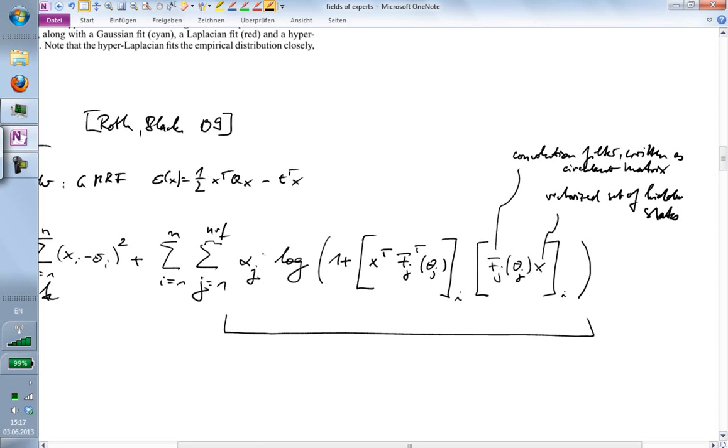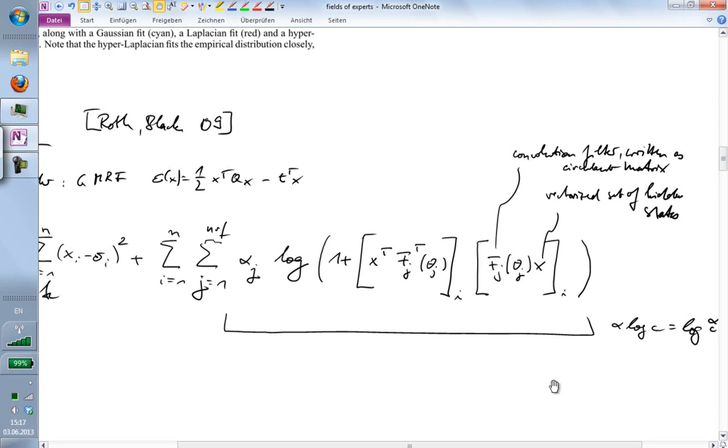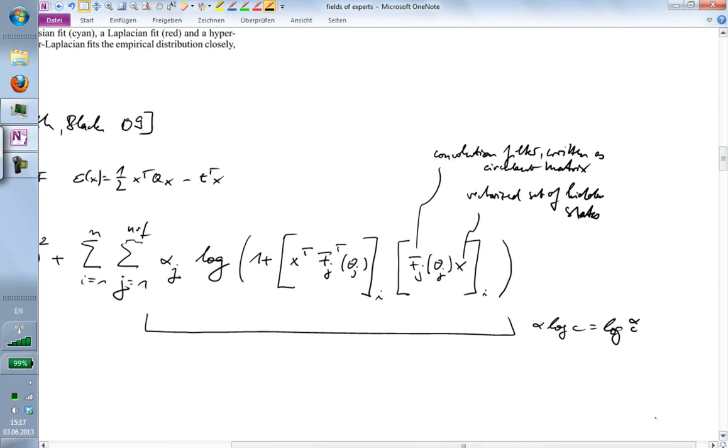So the alpha I could take into the exponent. So if I have alpha log of something, this is log of c to the power of alpha.